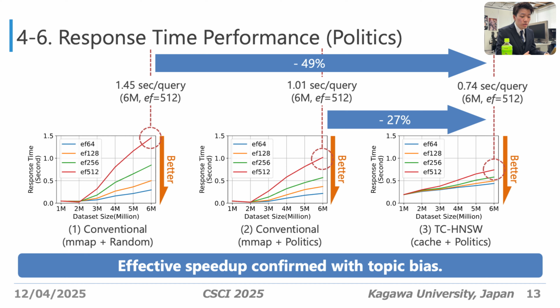However, looking at TC-HNSW on the right, the response time dropped to 0.74 seconds. This is a 27% improvement compared to the conventional method. And it is a 49% improvement compared to the baseline. This shows that our tiered cache is effective.